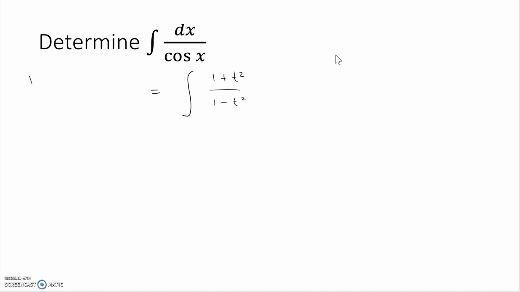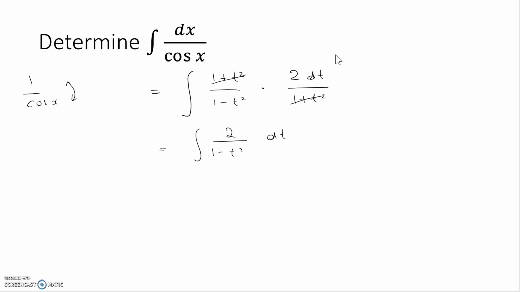We're going to multiply that by dx, which is 2 dt over 1 plus t squared. Now you see what happens, that cancels and that cancels, and we're left with finding the integral of 2 over 1 minus t squared dt, which we can do now by resolving into partial fractions.